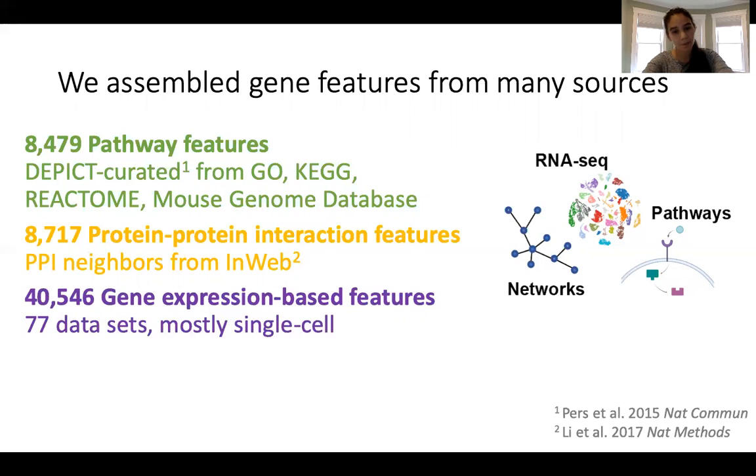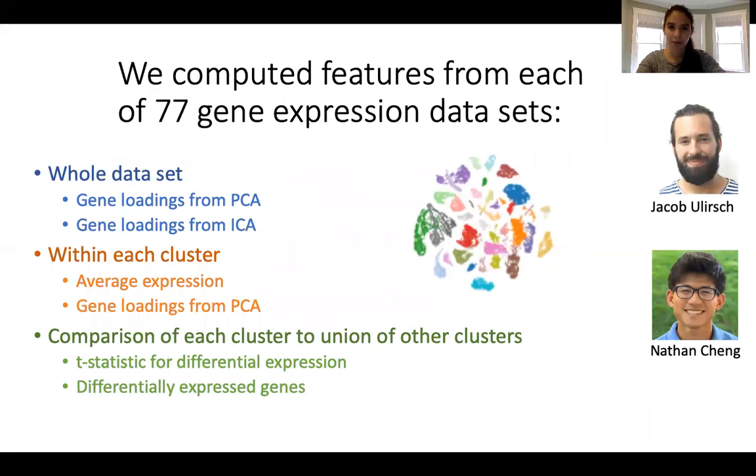And then for gene expression, it wound up being a bit more of an undertaking. Jacob and Nathan in my group downloaded and uniformly processed 77 gene expression data sets, most of which are single cell, applied a uniform pipeline, and then extracted features in a bunch of different ways. They took gene loadings from PCA and ICA on the whole data set.